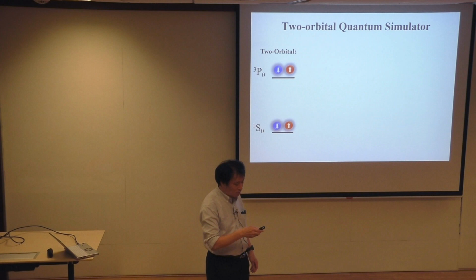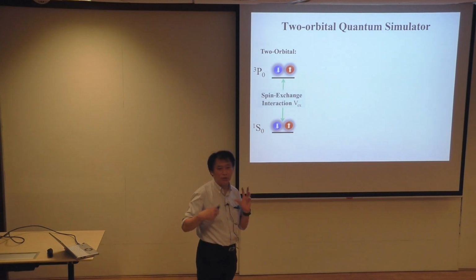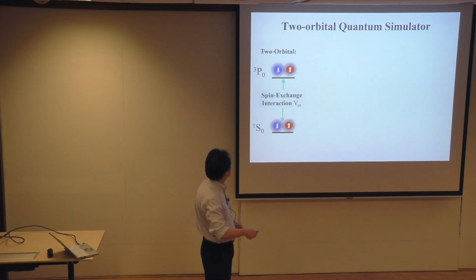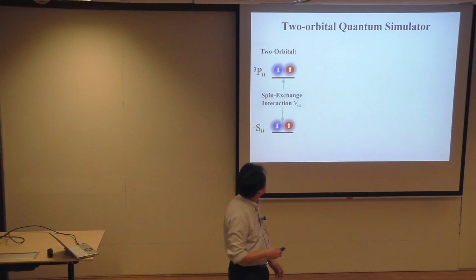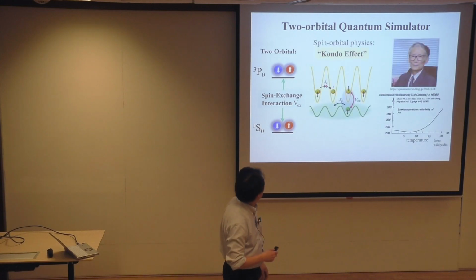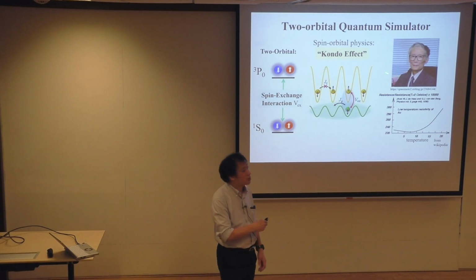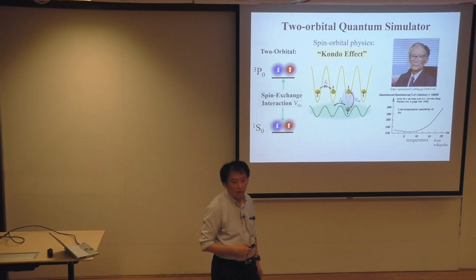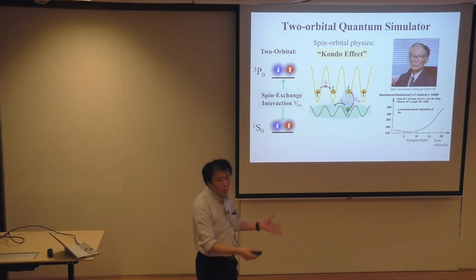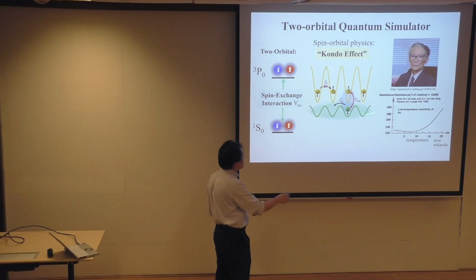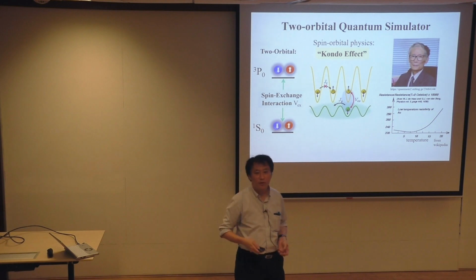Interestingly, there is a spin exchange interaction between the atoms of these 2 electronic states. Therefore, it is a nice system to study spin-orbital physics, such as the Kondo effect. In the Kondo effect, localized spin in one orbital strongly modifies the quantum transport of the particles in another orbital by forming the spin singlet state.